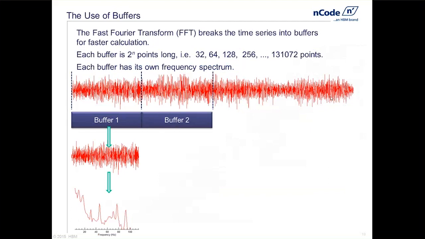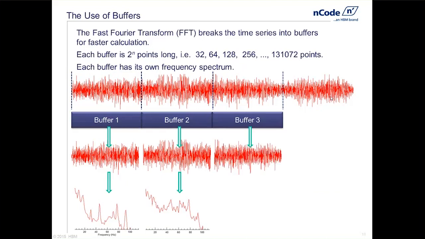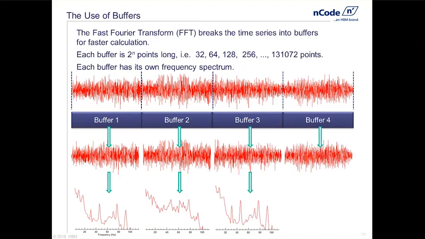We'll then continue to proceed through our time series data and extract another segment and look at the frequency content of that. By the time we've gotten to the end of our time series data, we now have multiple PSDs of different sections of our time series data. And if our time series data is transient, we can certainly expect these PSDs to be different.